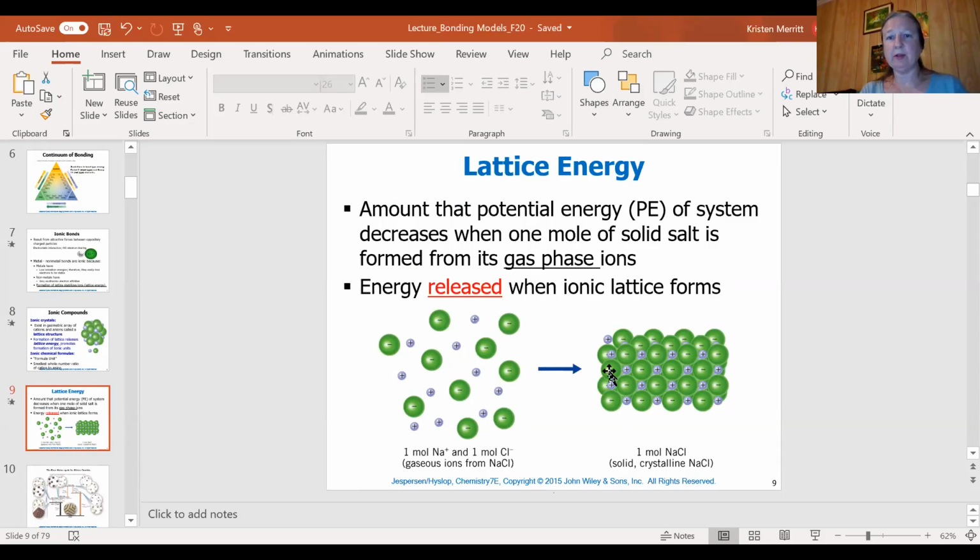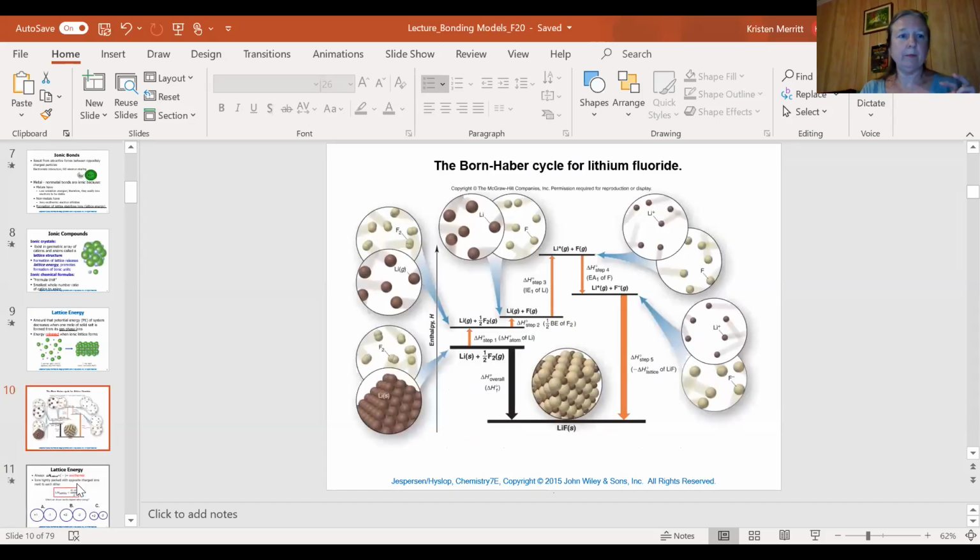So we'll talk about the lattice energy of sodium chloride. Sodium is large, chloride is small. There's a distance between the nuclei, but also the charge. This is a 1 times 1, positive 1 times negative 1.